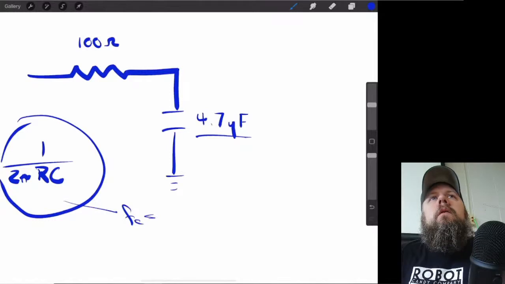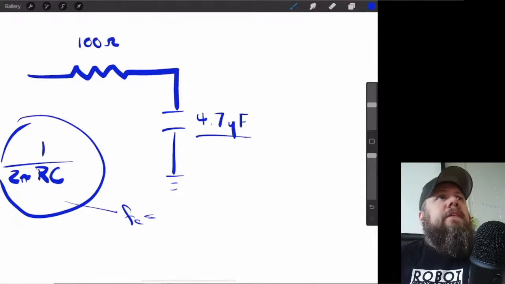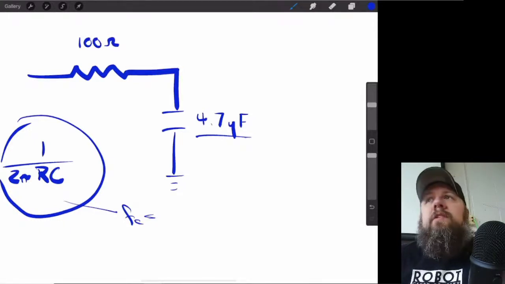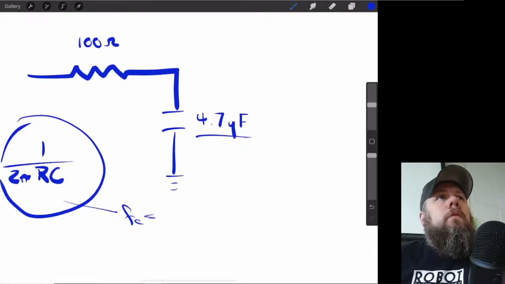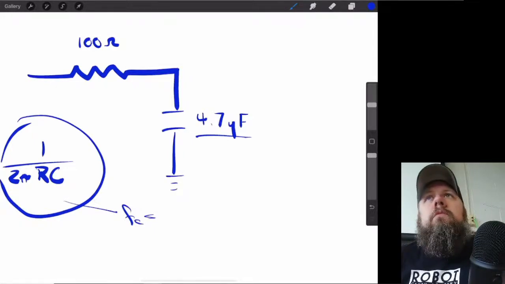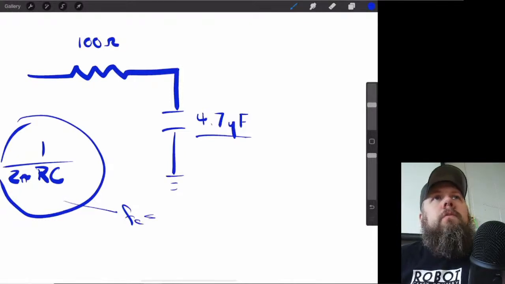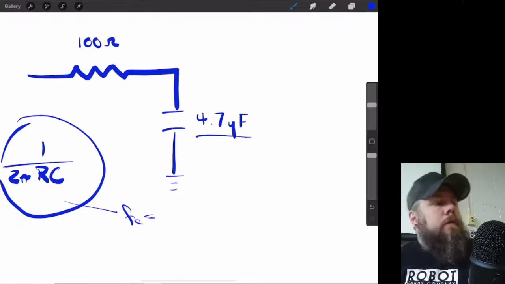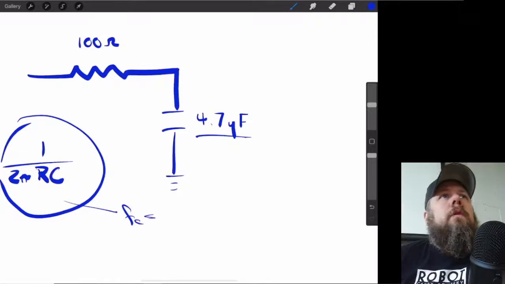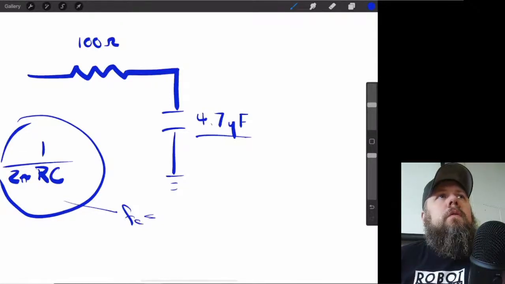But remember, micro is a million, nano is a billion. A million is 6 zeros, nano is 9, and a pico is 12. So it would be a trillion. A trillion picos is a farad, a billion nanos is a farad, and a million micros is a farad.